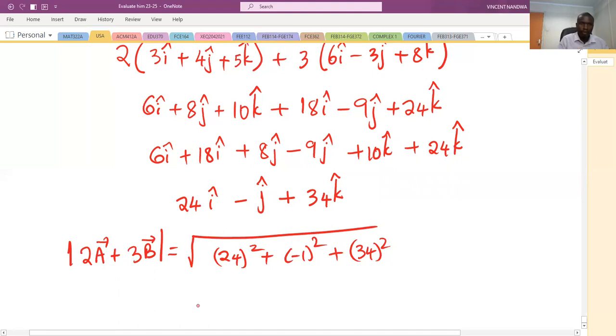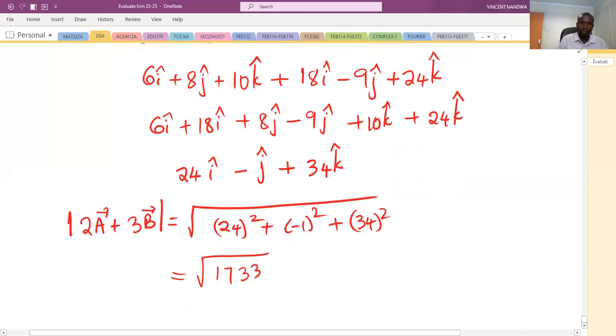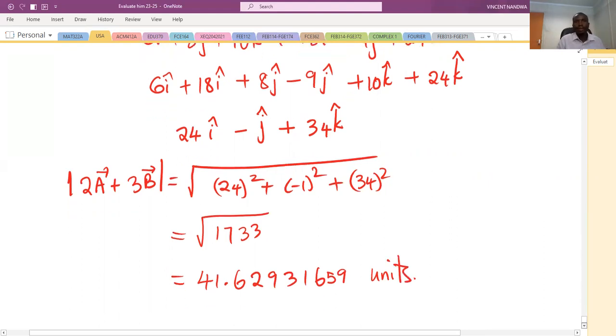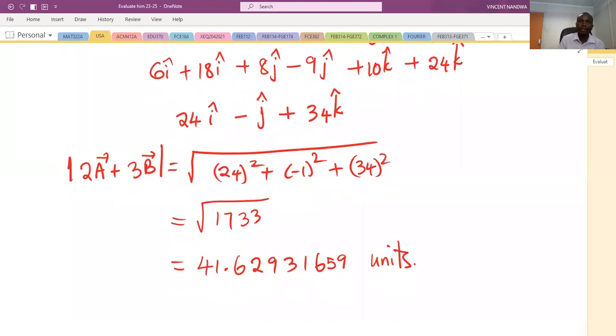That is the square root of 1733, which will be about 41.63 units. So that's what you get as the solution to that given problem.